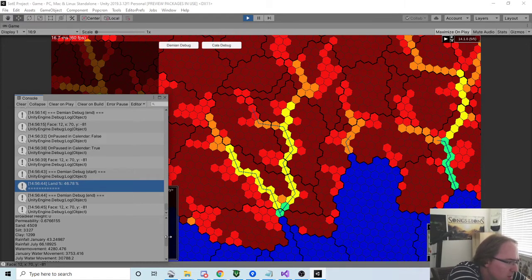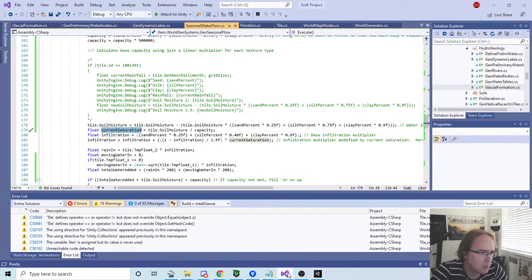Sand, 4509. Silt, 3327. Clay, 1299. Now let's calculate how much water we should be losing.